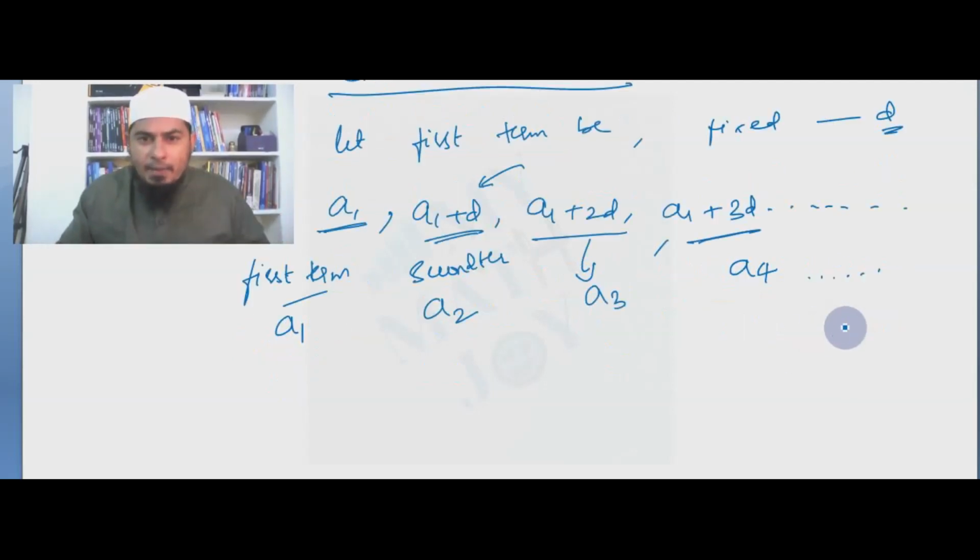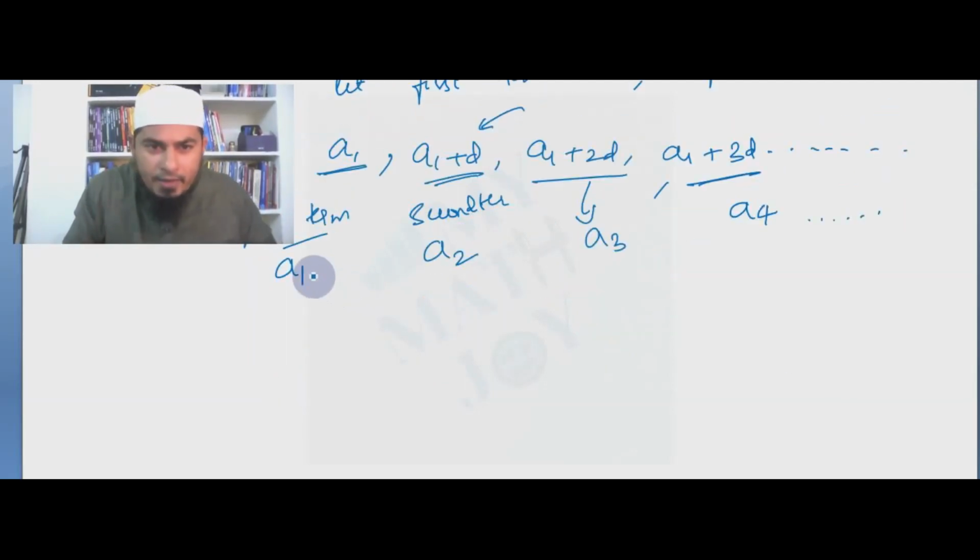If you clearly observe, a1 is just a1, d is not present there. When I say a2, I get only one d. If I see a3, I get a1 plus 2d. So the number of d's is just one less than the term number. So a3 is a1 plus 2d, a4 is a1 plus 3d.